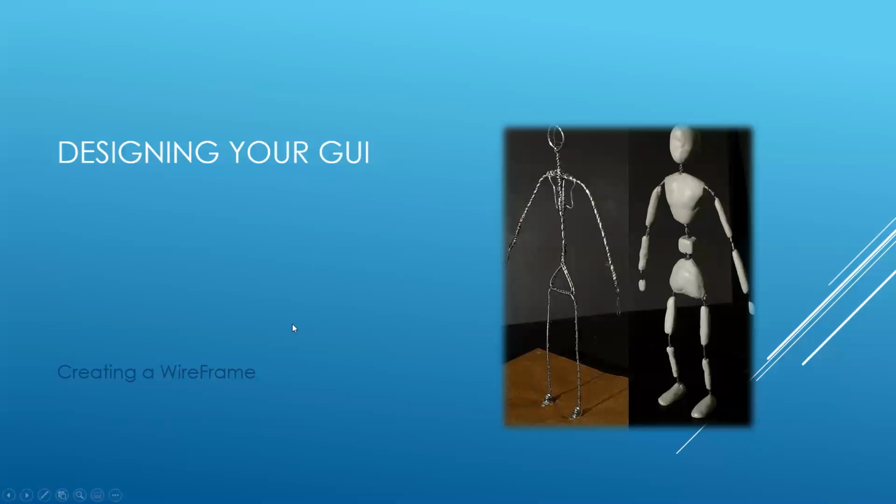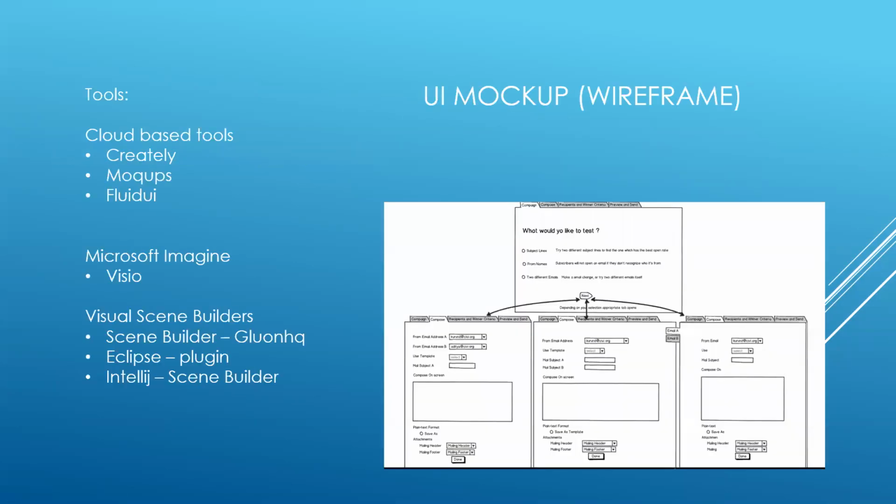And with a wireframe, I might say that I want these 3 buttons, and my buttons are going to have different actions. Here's a really fancy user interface mockup or wireframe. We have several different options here, and you can see all of the different text boxes and prompts and buttons that are on our interface.